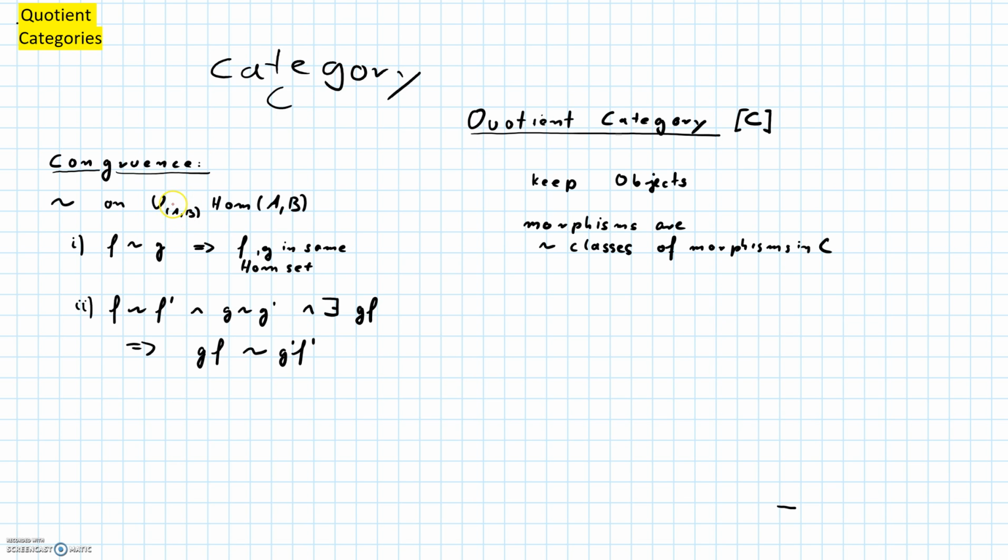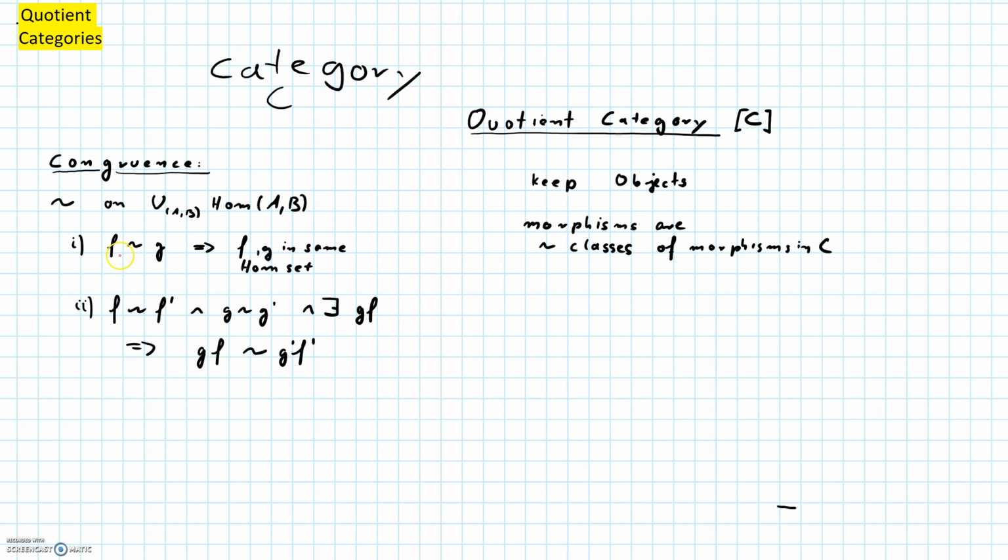First of all, this is an equivalence relation on the set of hom sets, where the hom sets are, of course, hom sets of pairs A, B with objects A, B in the category. And this equivalence relation satisfies two additional axioms.